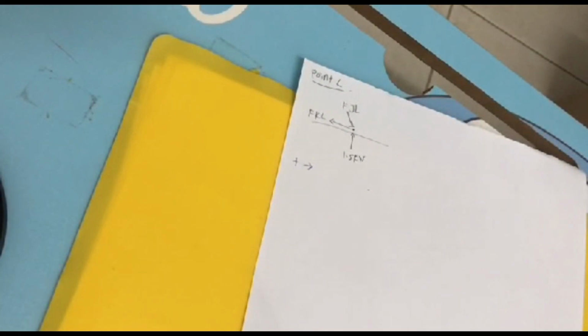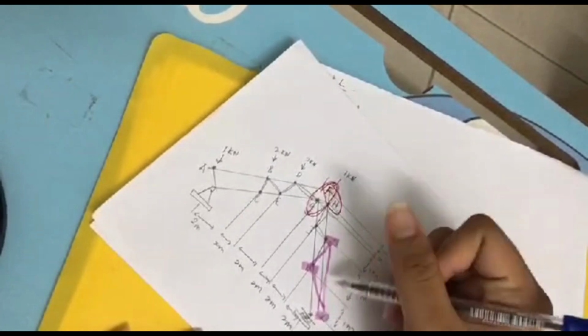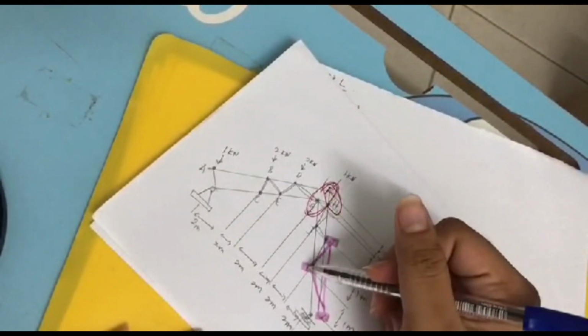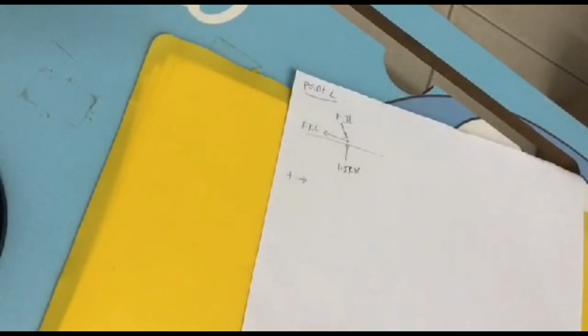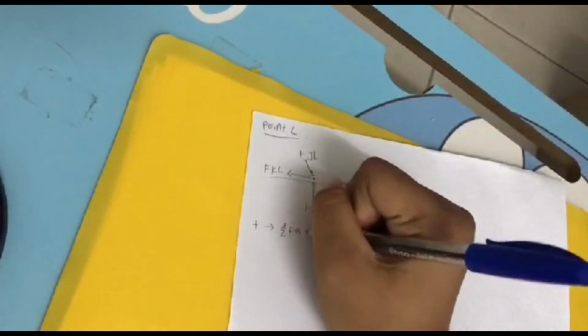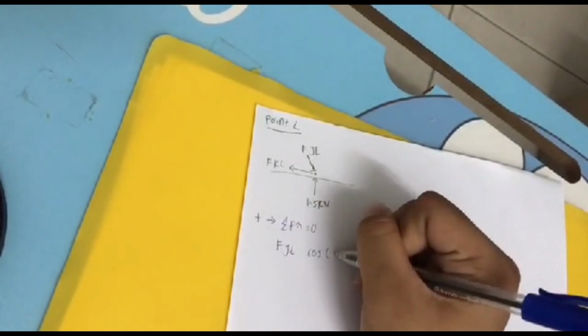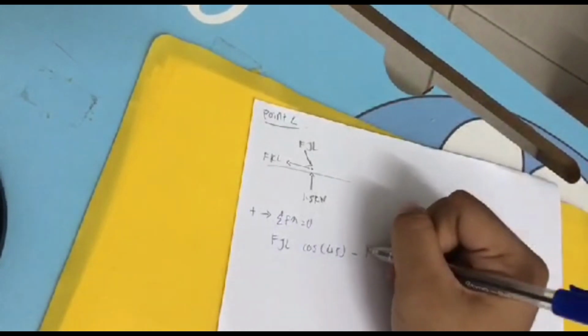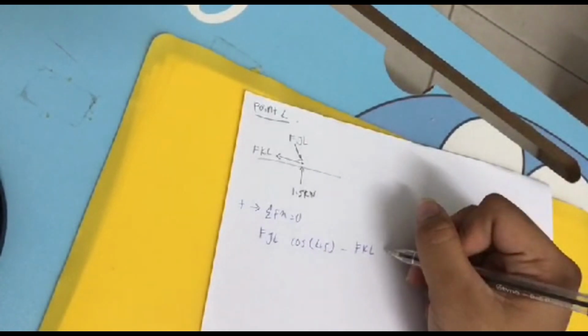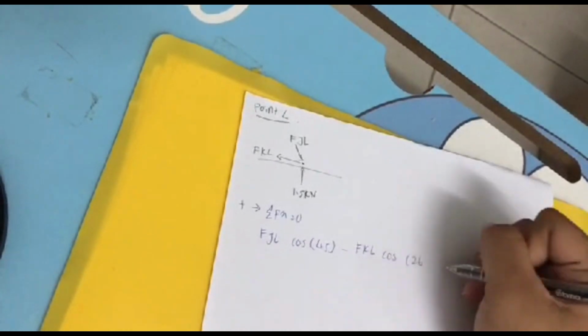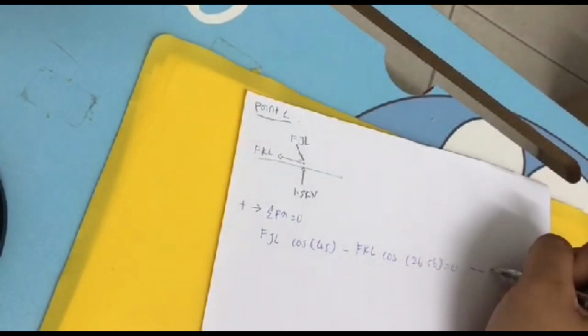Next, we go to point L. As you can see, members meet at point L are FJL and FKL. So the equation will be like this. Sum of Fx equal to 0. Force for JL cos 45 minus force for KL cos 26.56 equal to 0. This is equation number 1.